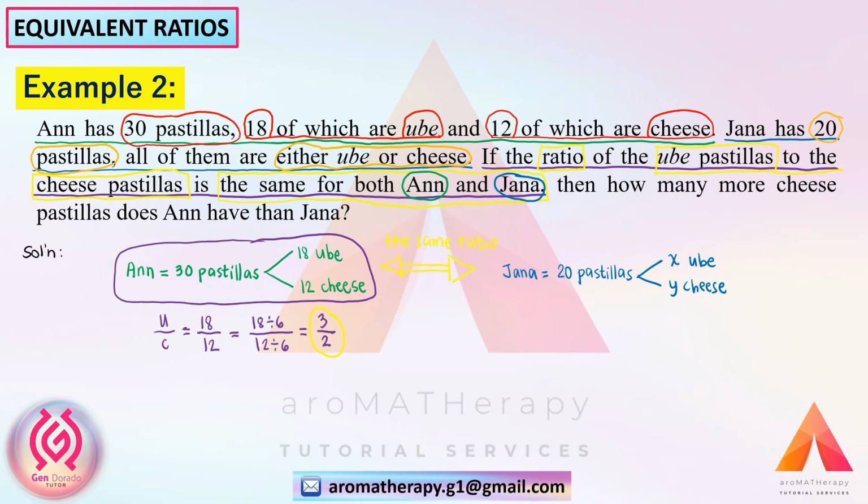Next, the next thing that we need to do is to get the equivalent ratio of 3 halves wherein the numerator and the denominator will give us the sum of 20, kasi yan siya, yung kay Jana na hinahanap natin. So let's solve for the equivalent ratios of 3 over 2 or 3 halves.